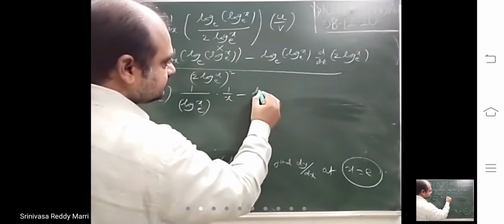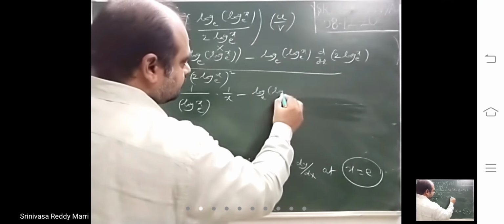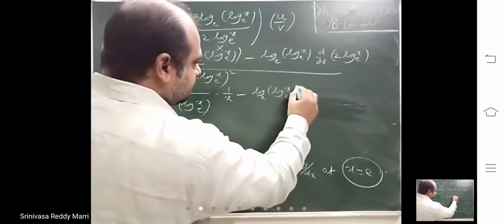Minus, 2 is constant, and the derivative of log x is the direct formula, divided by, so this log x cancelled. Now dy by dx at x equal to e. Substitute x equal to e.